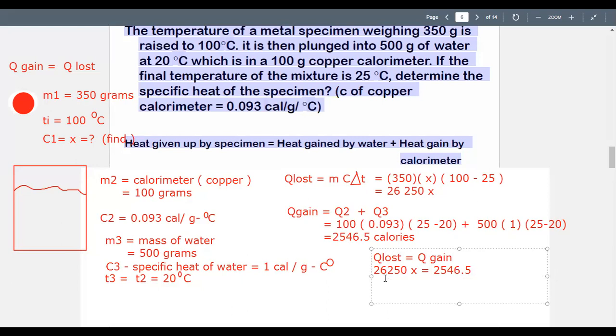If we divide the two, X will be 2546.5 divided by 26,250, and we'll have a value for our X. How much is our X there?